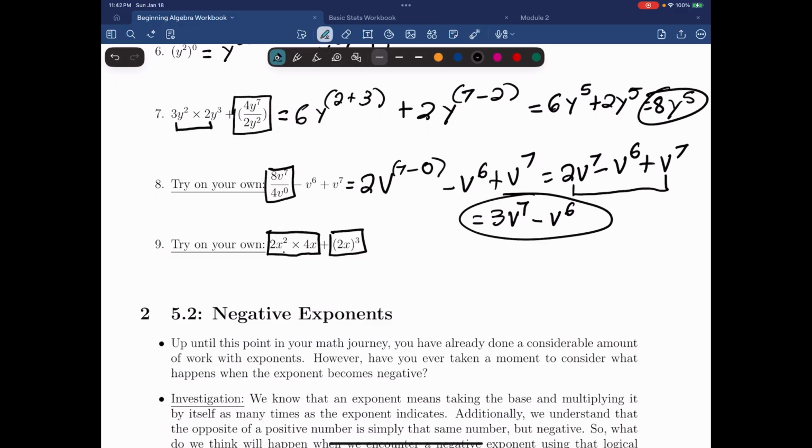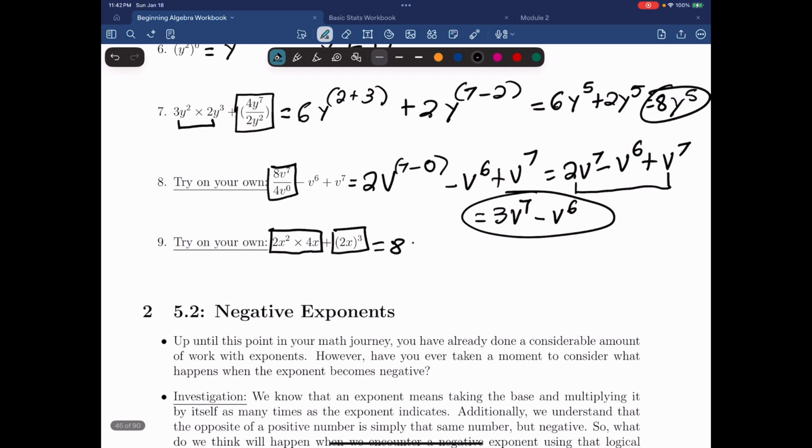So 2x squared times 4x. Well, 2 times 4 is 8. And then, because we have a product here, we're going to use that product rule that states we add our exponents. So we're going to get x squared, and then this 4x has an invisible exponent of 1. So we're going to get 2 plus 1 here.